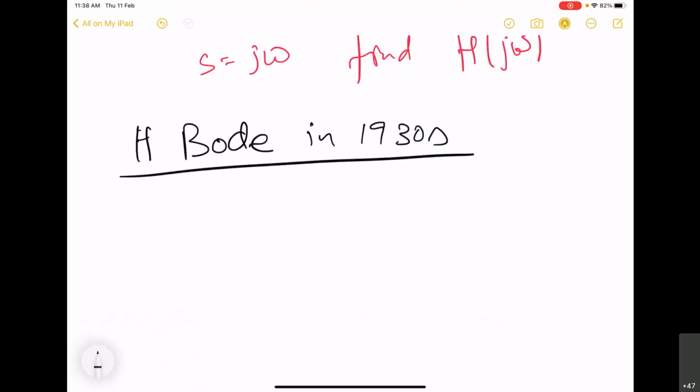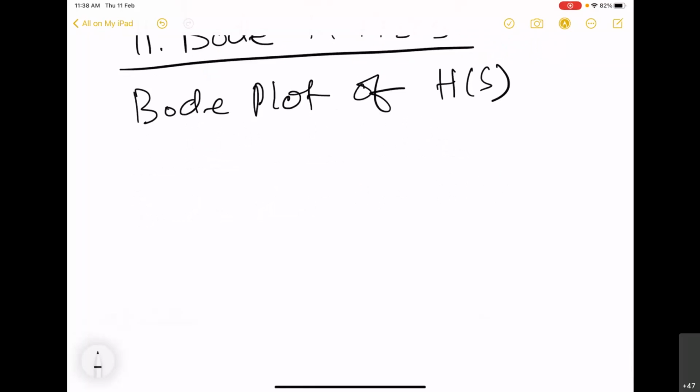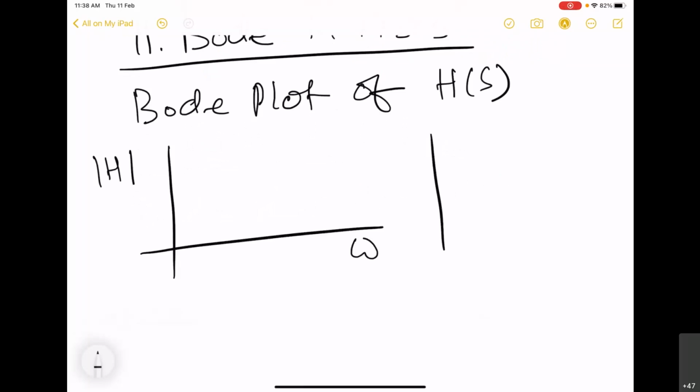So what we are going to study now is called the Bode plot of, let us say, H(s), and this Bode plot is basically a plot of the magnitude of the transfer function and the phase with respect to frequency.